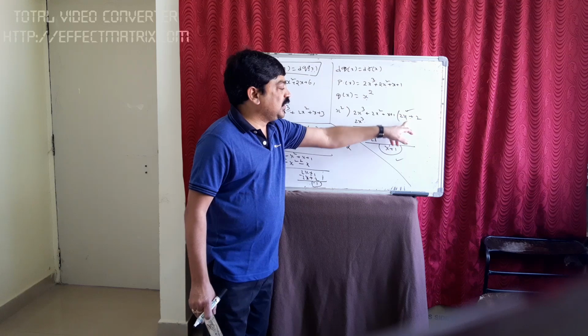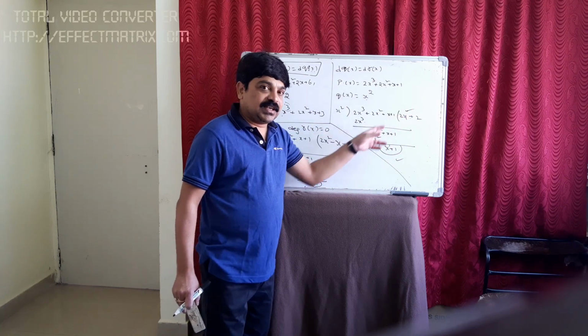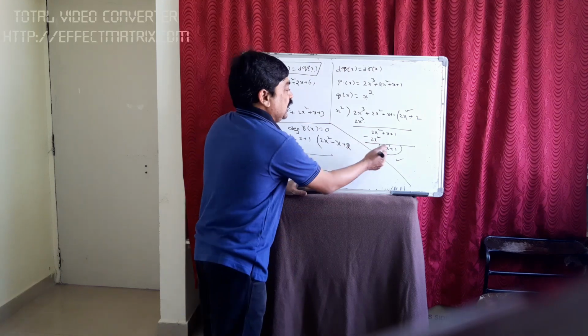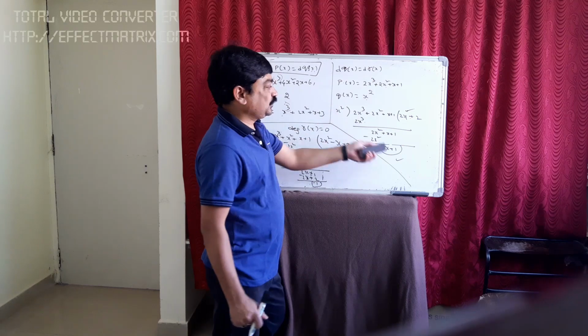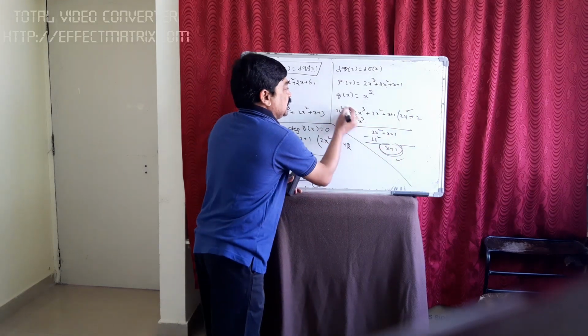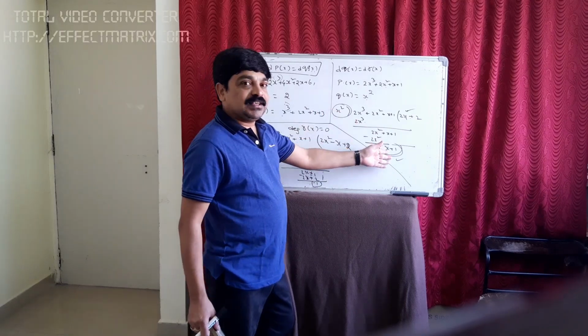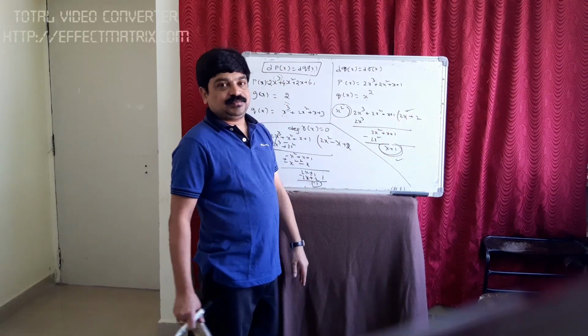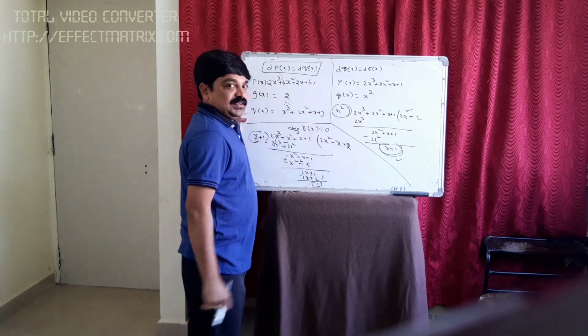The remainder should be less than b of x. When you take x square here, this will be less than this. Only 1 degree different, x cube and x square like that.